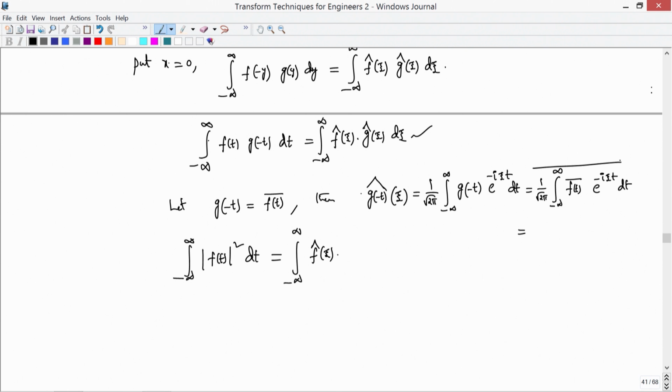So you can do 2 times conjugate and you allow that 1 inside. So you have a bar, 1 by root 2 pi, minus infinity to infinity. If you take this bar, this is a complex number. So, as it is, limits are real numbers, so conjugation does not matter, and this becomes f of t and this becomes e power i xi t.